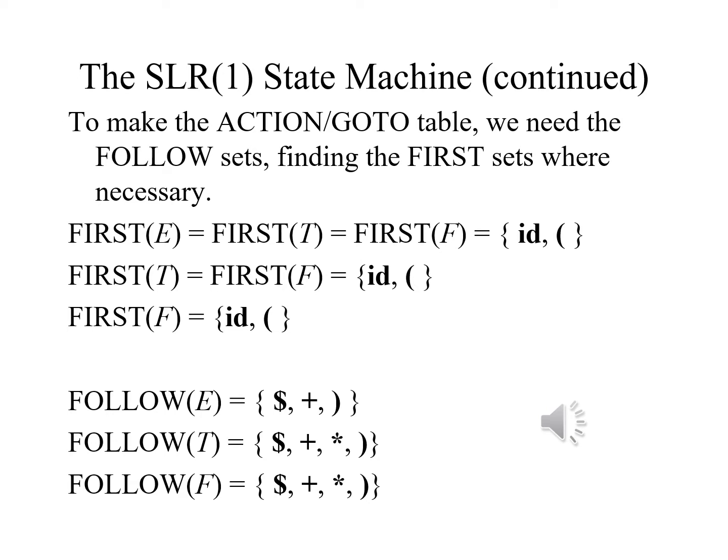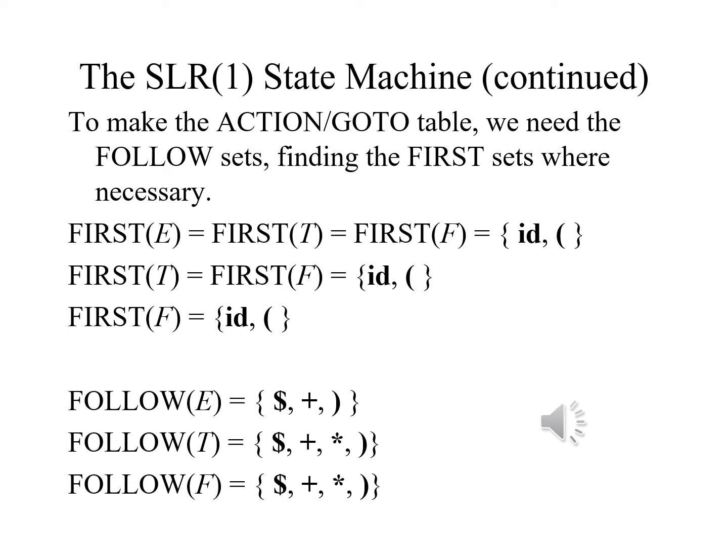The first sets are fairly easy to figure out. From factor derives identifier and factor derives open parenthesis expression close parenthesis, we see that the first set for factor contains identifier and open parenthesis. From term derives factor, we know that the first set of term includes the first set of factor and thus also contains identifier and open parenthesis.